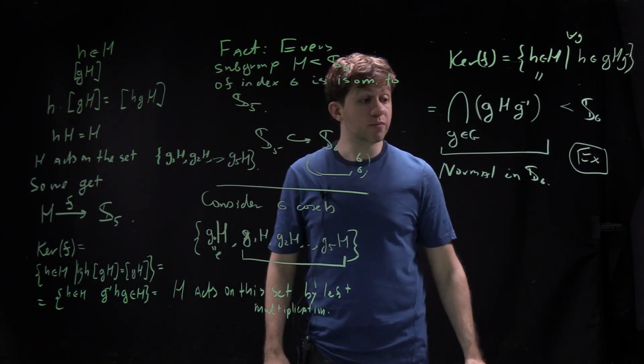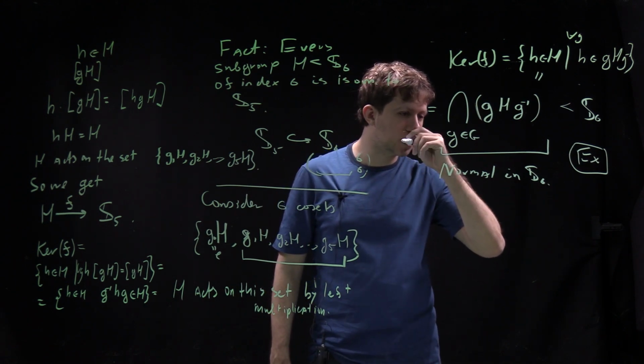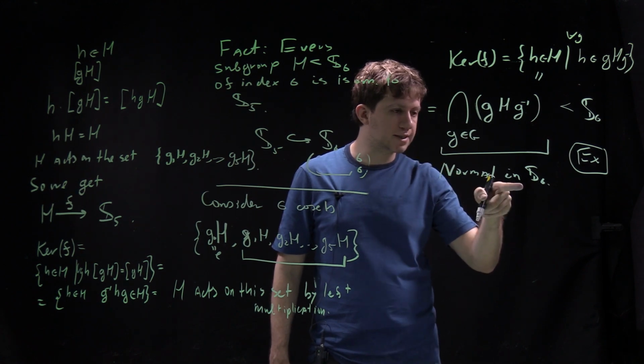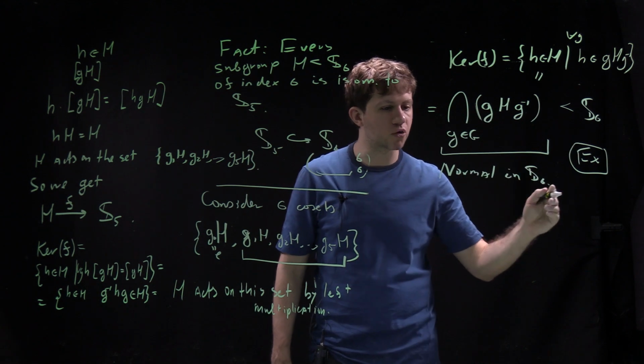But S6 is simple. Oh, sorry, S6 is not simple, but what I wanted to say is: it's normal in S6, and we know that there are just 3 normal subgroups in S6.